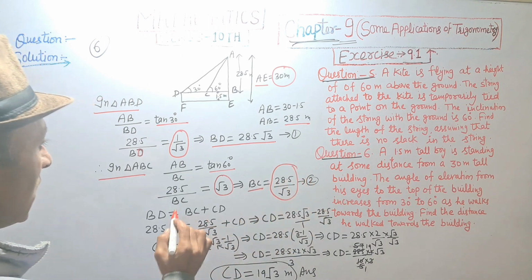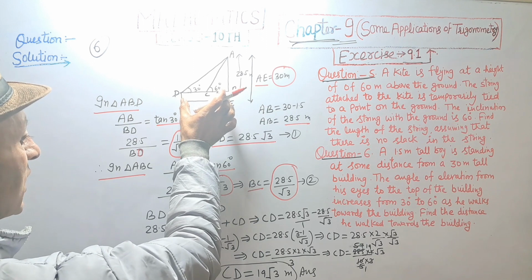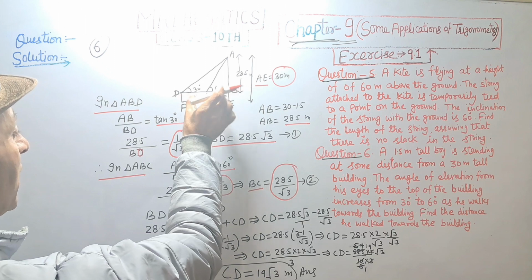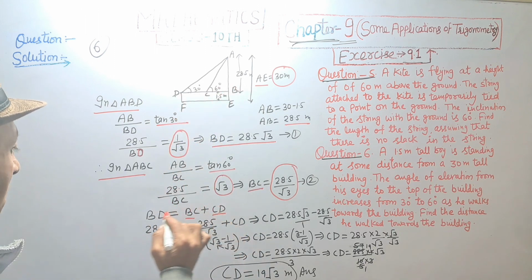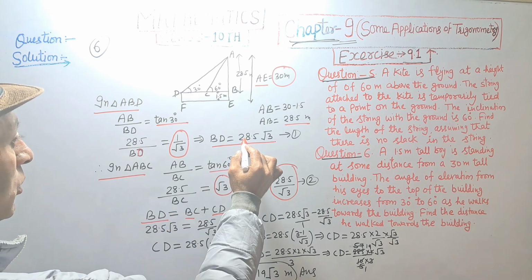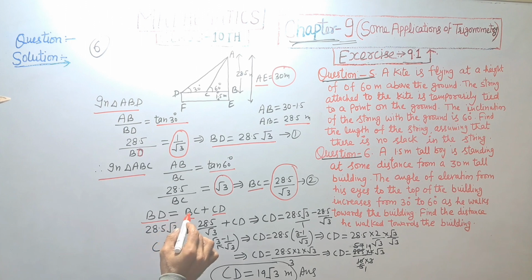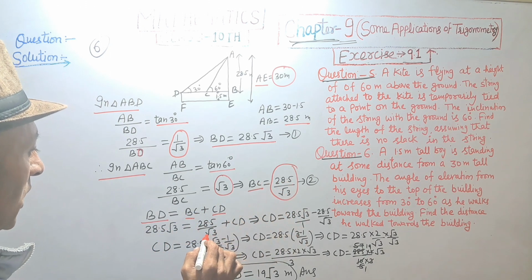It's equation second. We want to find the distance he walked towards the building, BD. BD we can write as BC plus CD, and we have BD equal to 28.5 root 3 and BC is equal to 28.5 divided by root 3.